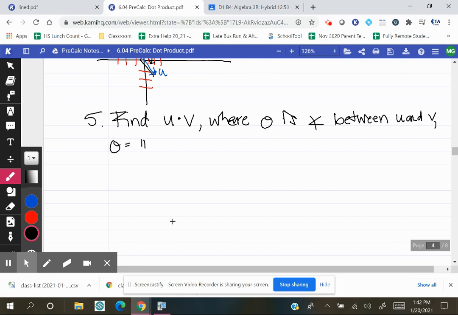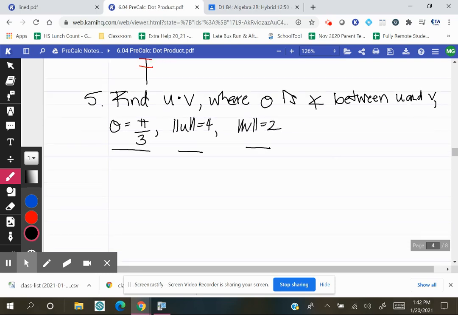Theta equals pi over 3. The magnitude of u is 4, and the magnitude of v is 2.